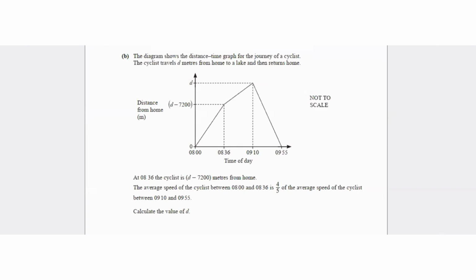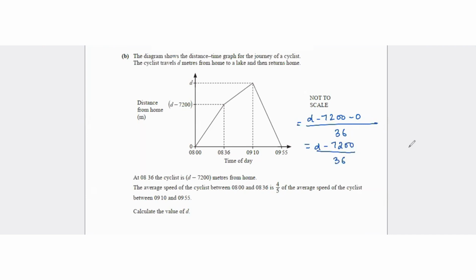So basically what we'll do is find the slope over here first. That's going to be d minus 7200 minus 0 over 36, which is basically d minus 7200 over 36.